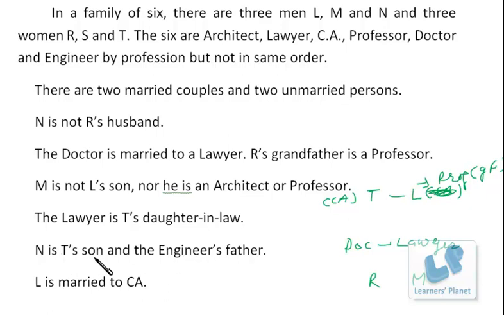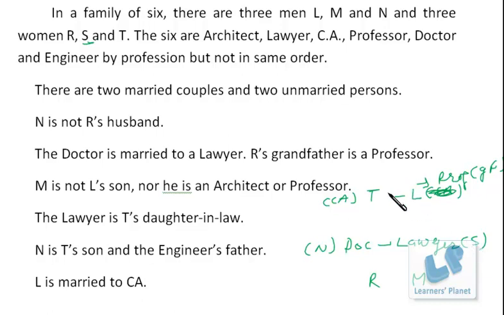N is T's son. So N is one and the lawyer is T's daughter-in-law. That means this is the daughter-in-law and this is the son. So N is T's son. So doctor should be N, right? Now we got T, L, N, R and M. So the only one left is S. So the lawyer should be S, right?